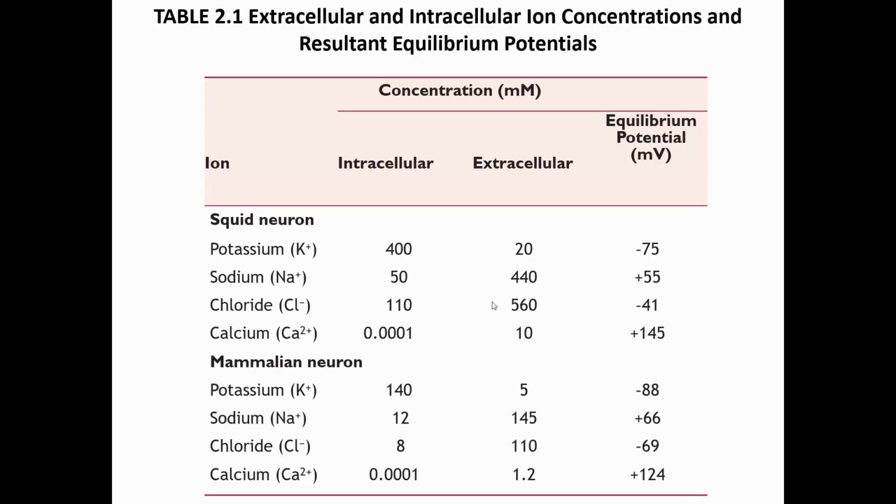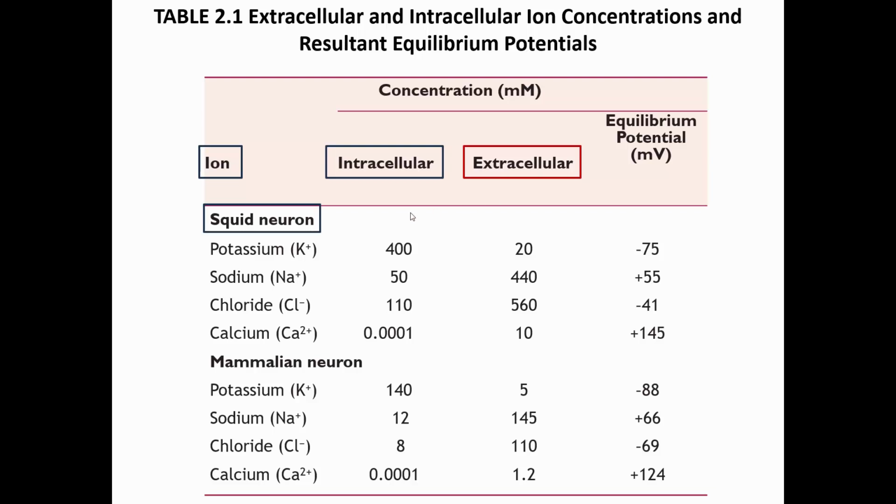And to better understand this, we take a look at the concentration of some of the major ions inside the cell versus the extracellular medium. And we've got two different types of cells here. Here we have a squid neuron, and at the bottom part of this table is the mammalian neuron, or a human neuron here.